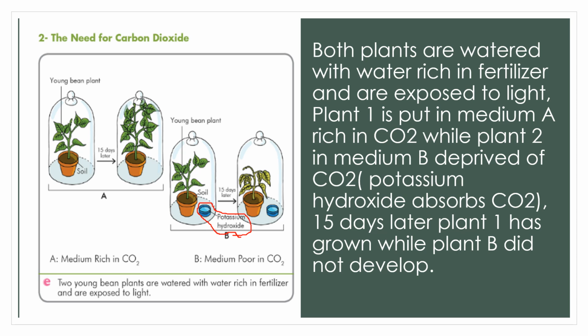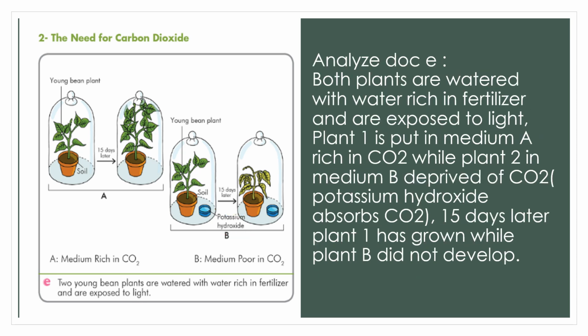So, medium B is deprived of carbon dioxide. 15 days later, plant 1 has grown normally, while plant 2 didn't develop. This shows that carbon dioxide is important for the growth of the green plants.